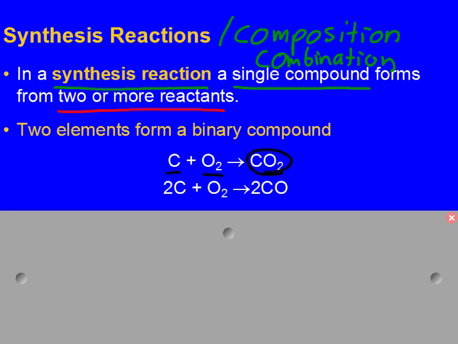An alternative to this process, especially when things are inefficient, could be carbon and oxygen instead forming carbon monoxide. But in both cases, we have two elements, each reacting with each other and forming a singular compound. And in this case, these are known as binary compounds because binary means two.